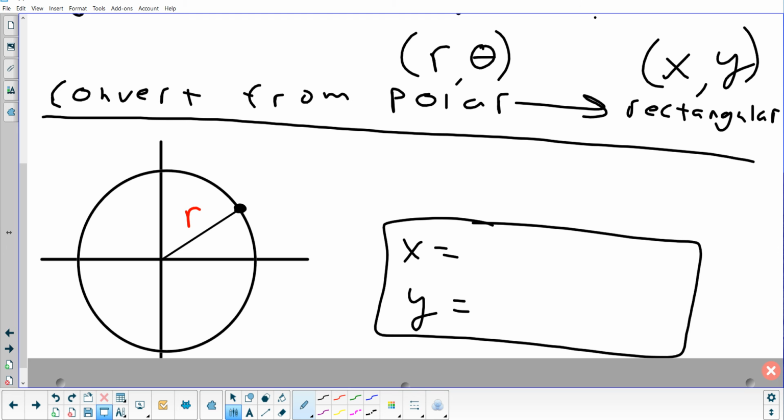It's a positive angle. So that's polar. Now what we want to do is change it to rectangular. Rectangular uses horizontal and vertical distance. It doesn't use a degree of rotation. So what do you think I'm going to do to this diagram to help me visualize the horizontal distance I move and the vertical distance I move to get to this point?